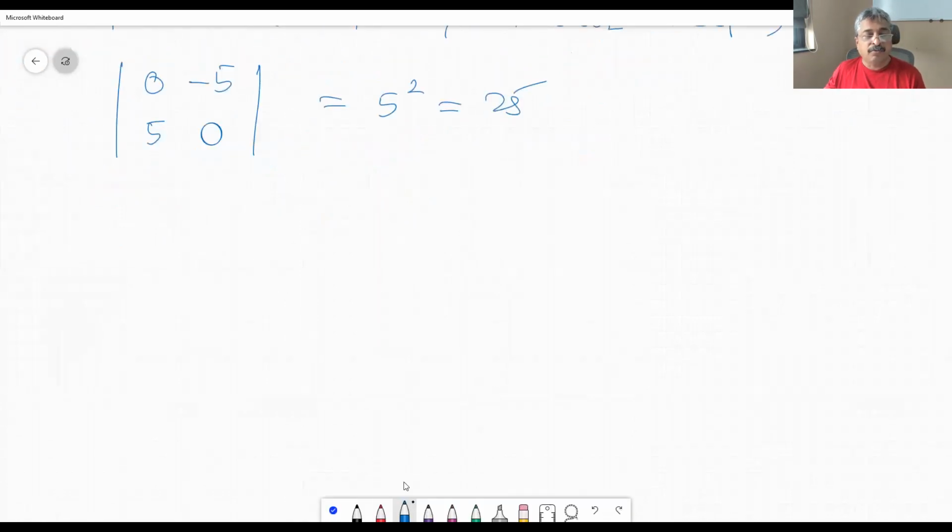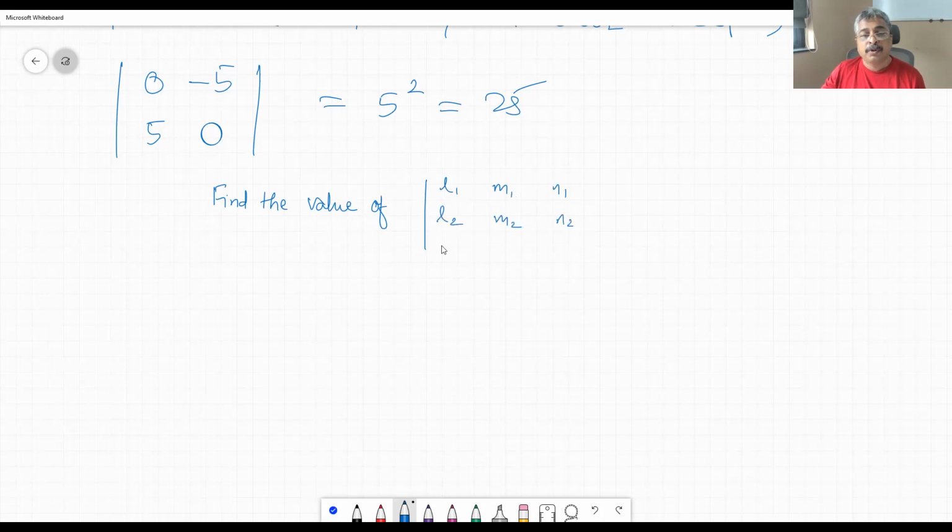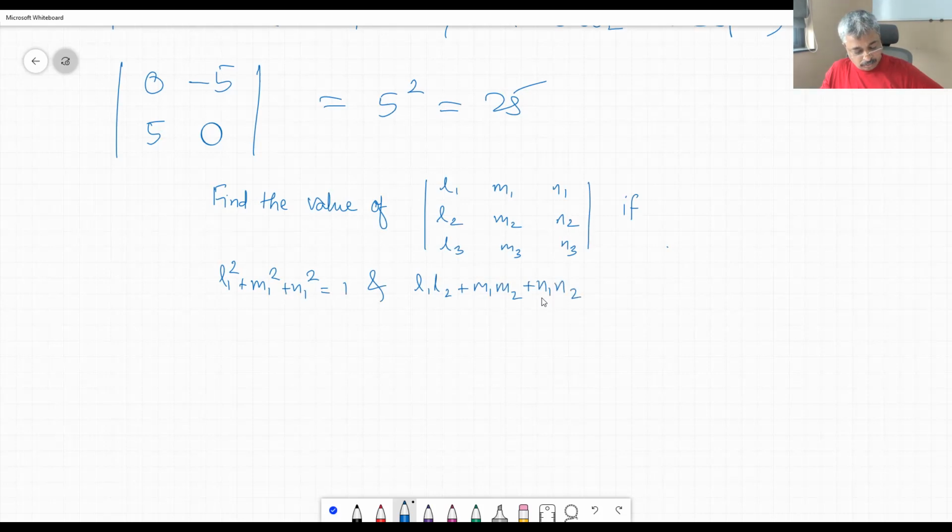Okay. Find the value of the determinant L1, M1, N1, L2, M2, N2, L3, M3, N3, if L1 square plus M1 square plus N1 square is equal to 1, and L1 L2 plus M1 M2 plus N1 N2 is equal to 0, and similarly the others equal to 0.